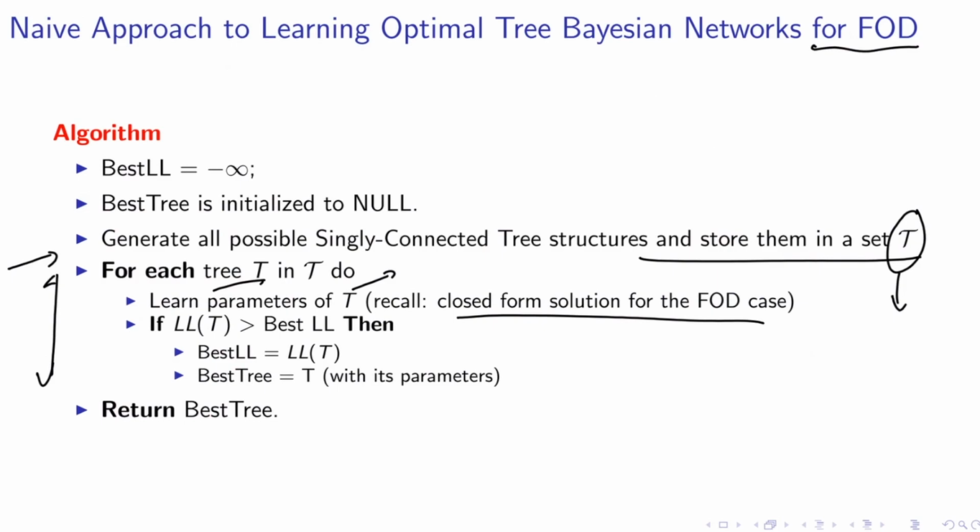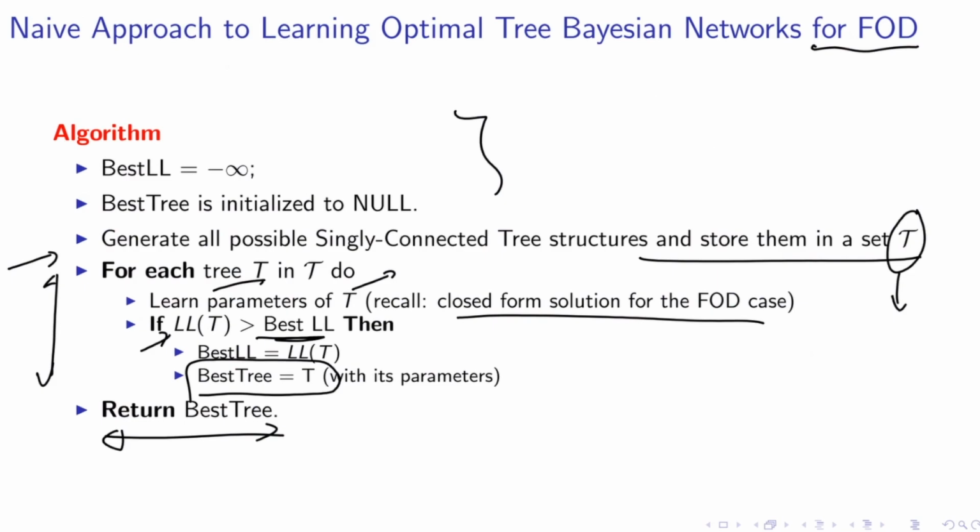If the likelihood of the tree with its parameters is better than the current best solution, which is stored in best LL, then you designate that particular tree as the best tree. And at the end of the algorithm, you just return this best tree. So the idea is to generate all possible trees and then select the best among them based on the log likelihood score.